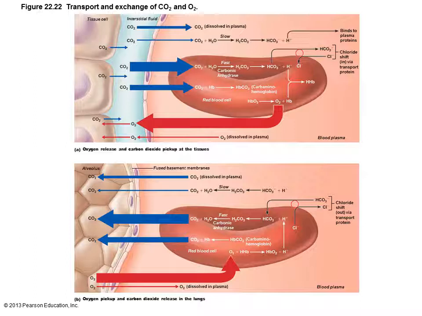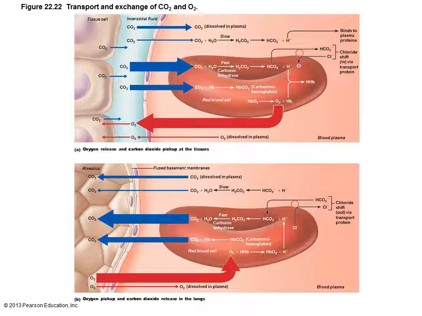And as you see, the transport and exchange of CO2 involves CO2 combining with water to form carbonic acid, which quickly dissociates. This occurs primarily in red blood cells, where the carbonic anhydrase enzyme reversibly and rapidly catalyzes this reaction.